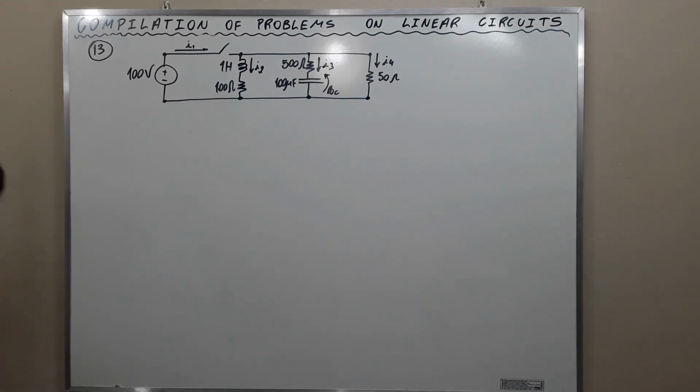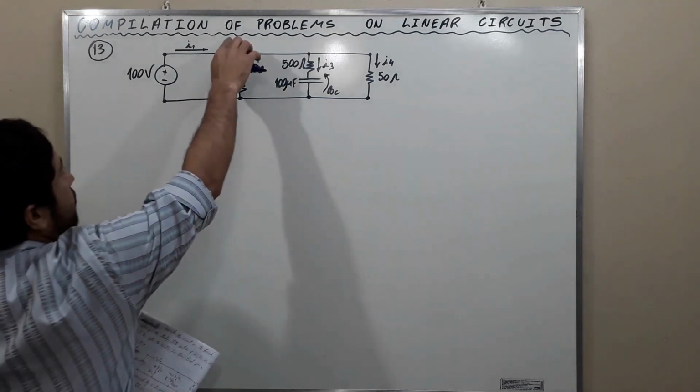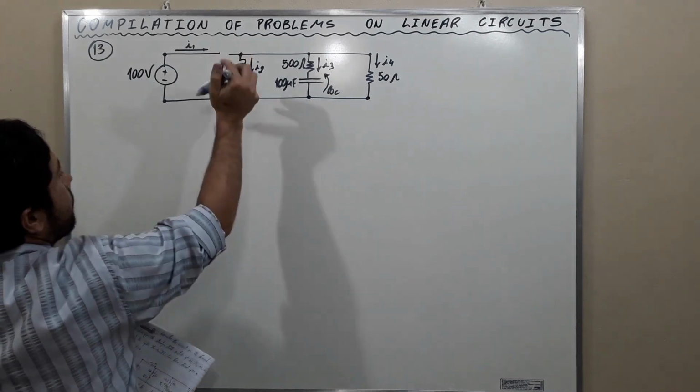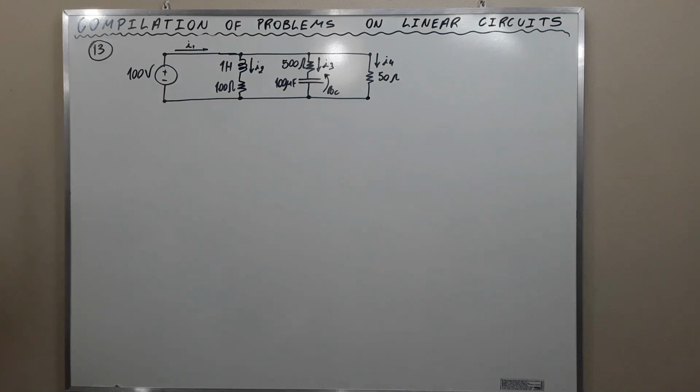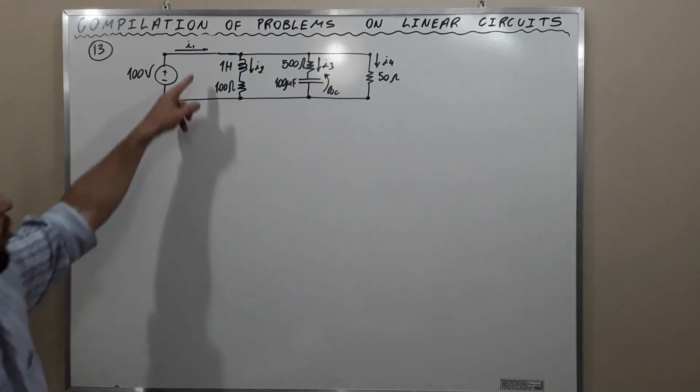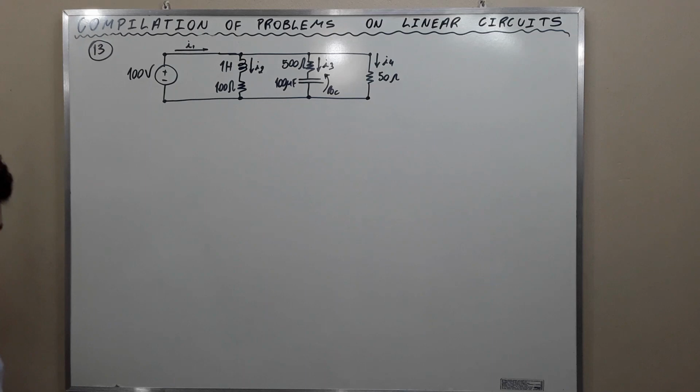We want steady state. The exercise wants us to analyze the case for which the switch has been closed for a long time. Okay? If the switch is closed for a long time, then the circuit reaches steady state in this situation here with the switch closed. Let's begin analyzing.